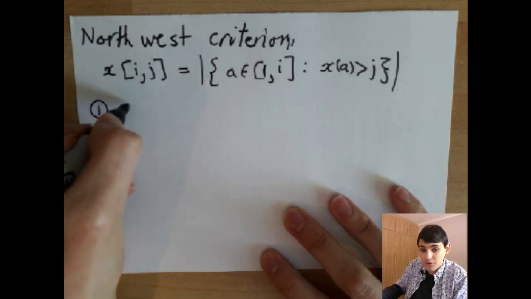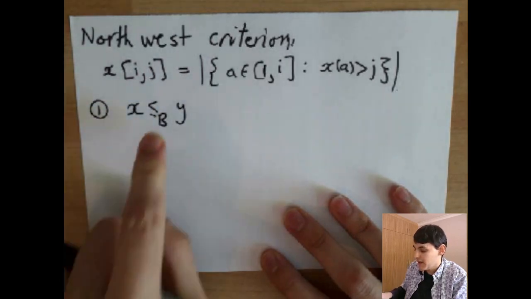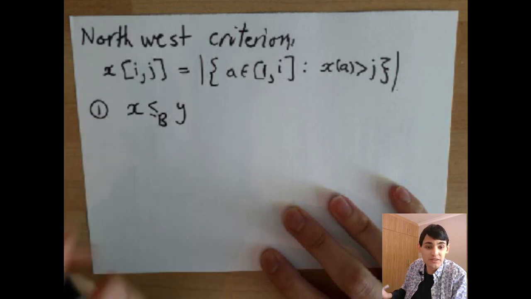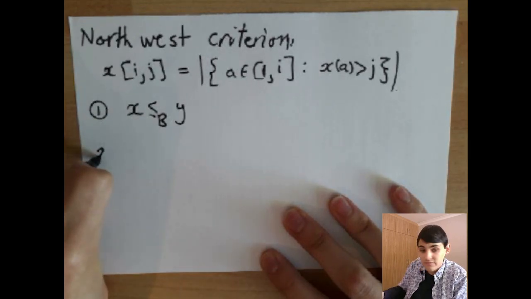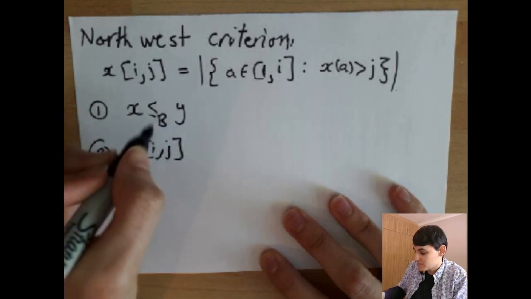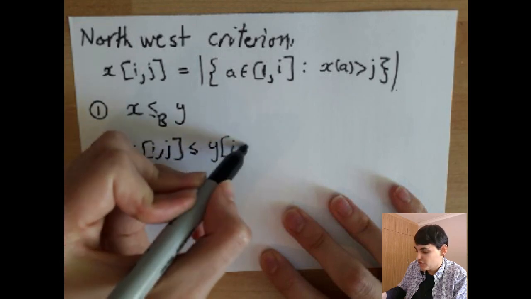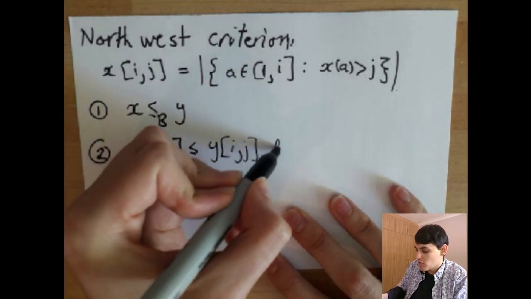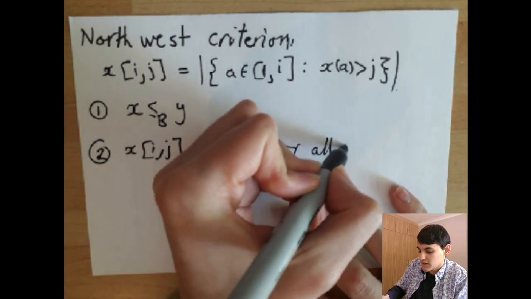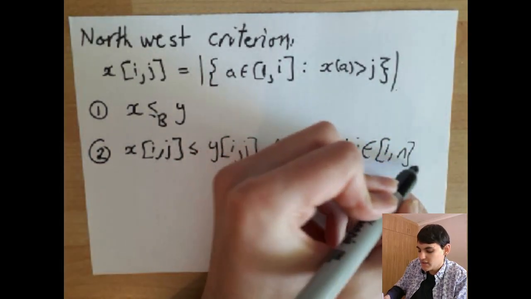So this is the Northwest criterion, and the two things are equivalent. First of all, x is less than or equal to y in the Bruhat sense, and x of ij is less than or equal to y of ij for all i and j in 1 to n.